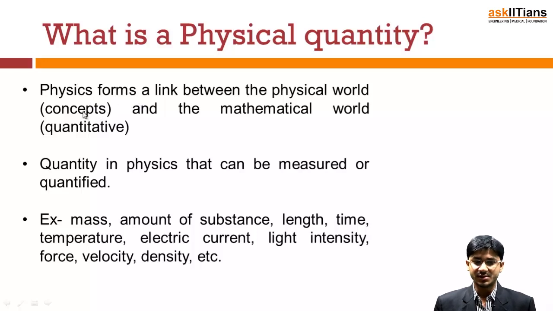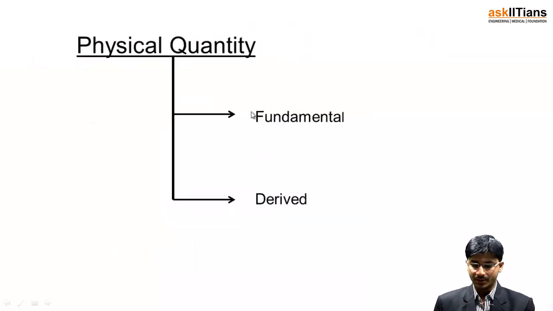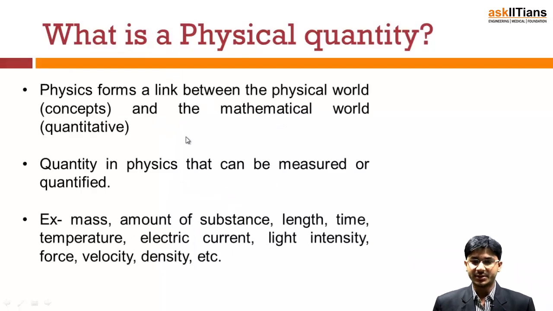Now what this physics does is form a link between the physical world concepts that are happening all around and the mathematical world, the quantitative part. How do we put the things that we observe in nature all around us in a mathematical world, in terms of numbers and equations? That is what physics is going to do.